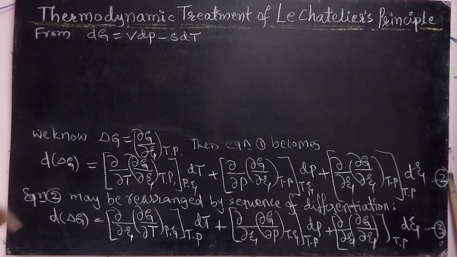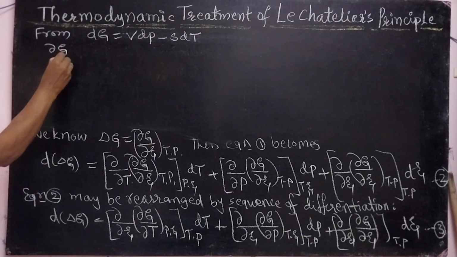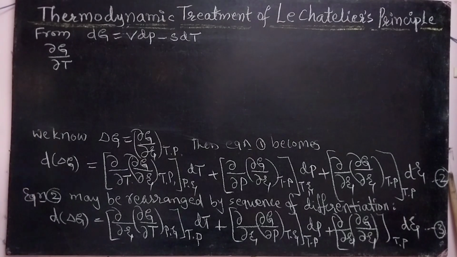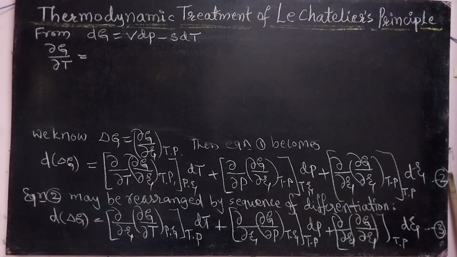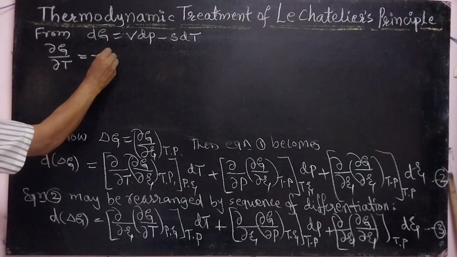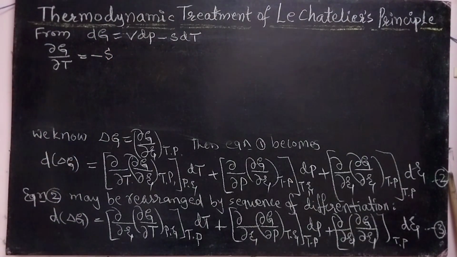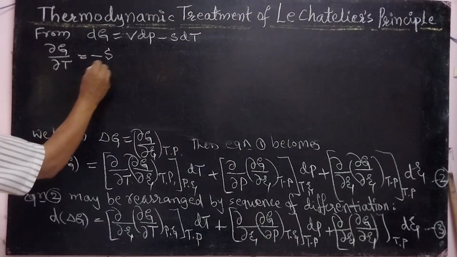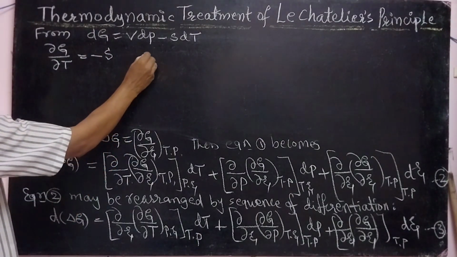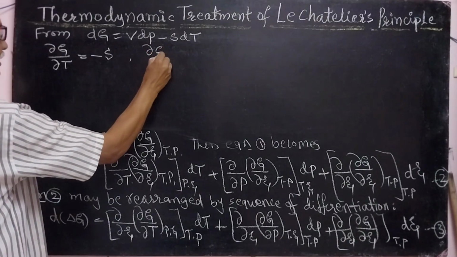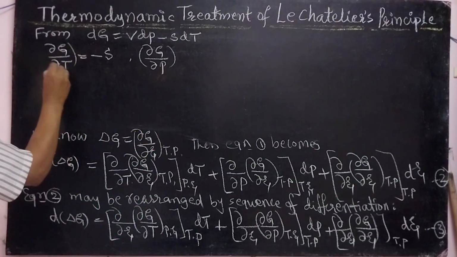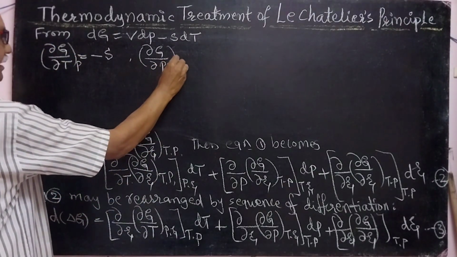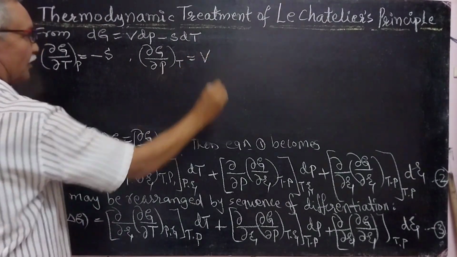We may rearrange: ∂G/∂T equals minus S, that is ∂G/∂T at constant pressure equals −S. Then similarly ∂G/∂P at constant temperature equals V.